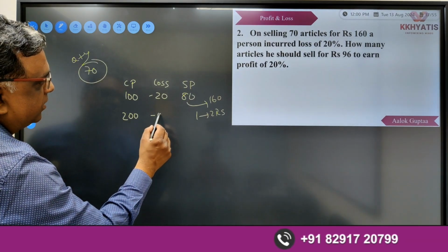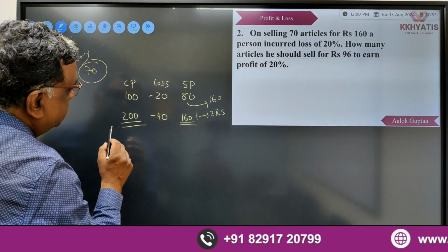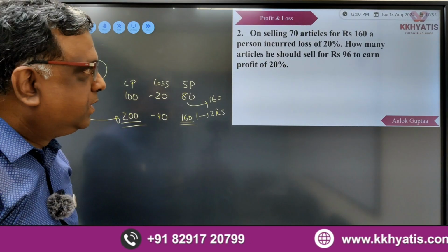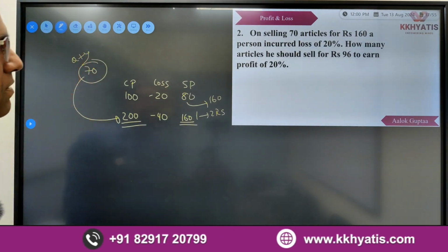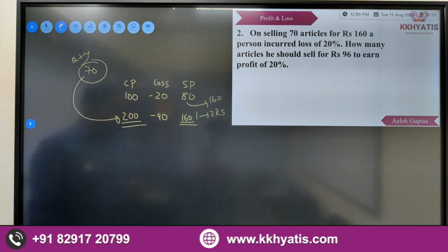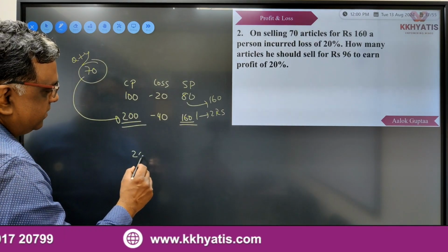Loss would be 40 and selling is 160. So I found the cost of 70 articles is 200 rupees. Now how many articles should he sell for rupees 96 to earn a profit of 20%? So let us say here my cost is 200.